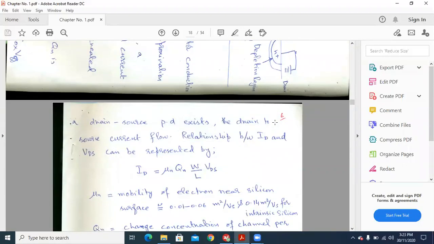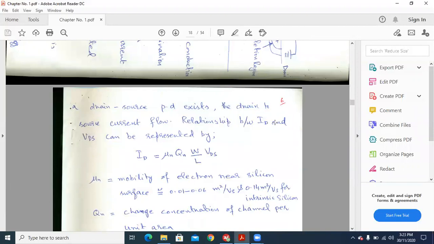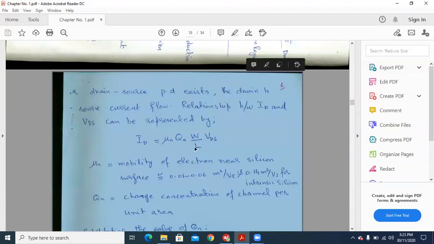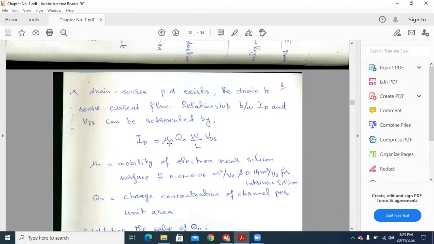The value of this drain current is represented by this relationship. This involves the mobility of the free electrons μn and the total charge carrier concentration Qn, W by L, into the drain to source voltage.